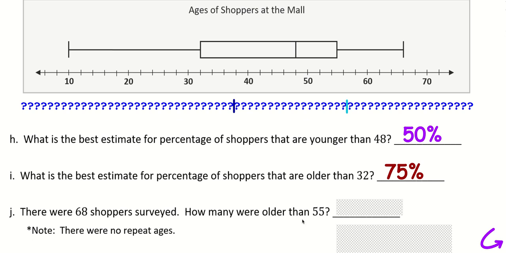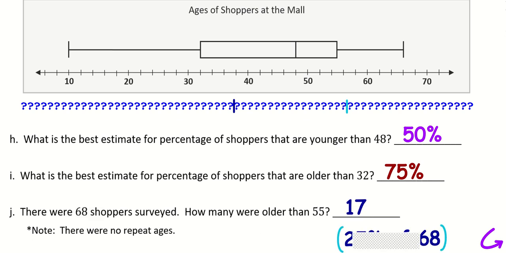What is 25% of this grand total? Well, all you have to do is figure out what 25% of 68 is, or what's 1/4 of it, and it's 17. So that is how you should have answered those questions, and I believe that pretty much does it for part 3, and I think this entire video.